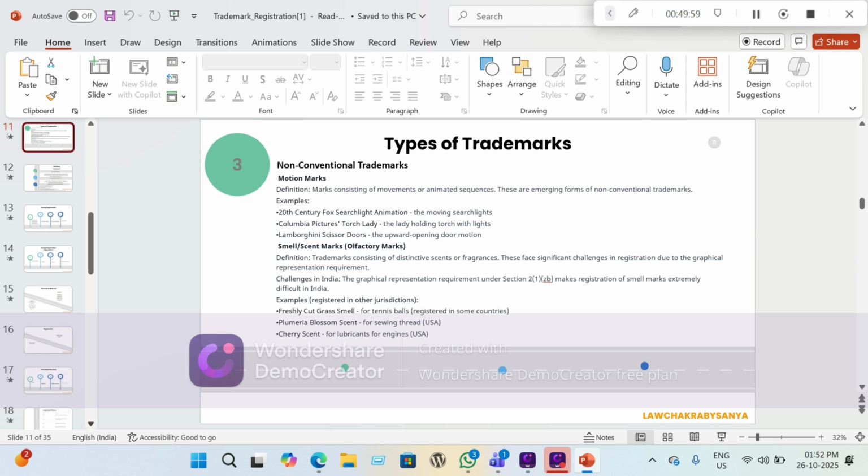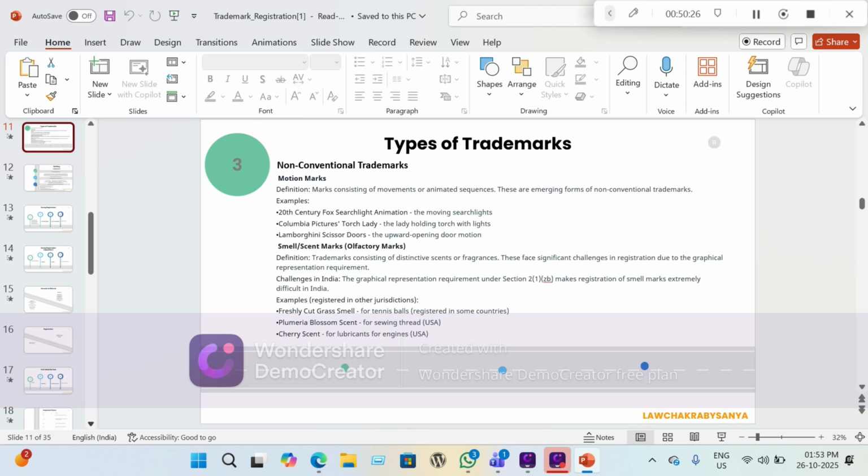Smell marks are very difficult to graphically represent, and that is why their registration is difficult in India. Some smell marks that are registered in other jurisdictions are freshly cut grass smell for tennis balls in some countries, plumeria blossom scent for sewing thread in USA, and cherry scent for lubricants for engines in USA.